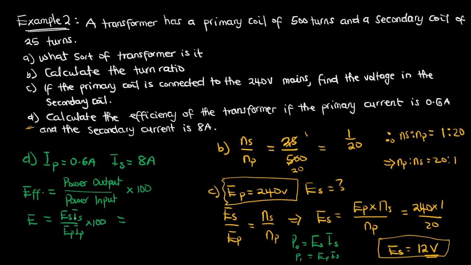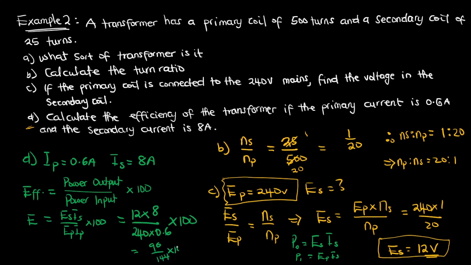Which is equal to the ES we found, 12, multiplied by the IS, 8, over here. Then we divide that by, remember we are multiplying all by 100, our EP of 240 multiplied by our current in the primary, 0.6. So 12 multiplied by 8 will give us 96, and then 240 multiplied by 0.6 will give us 144.